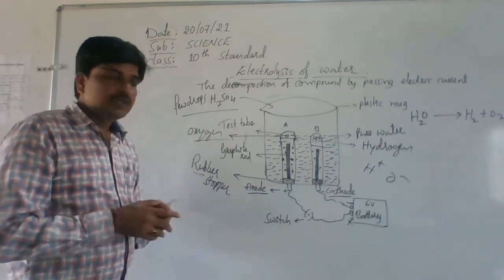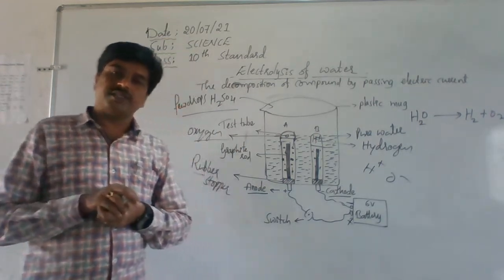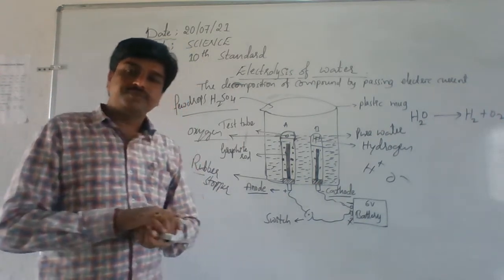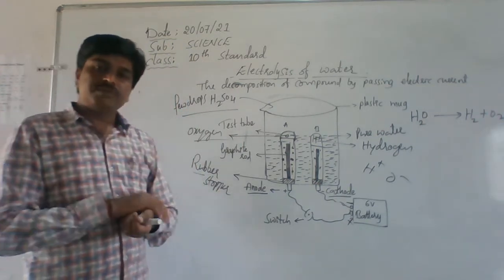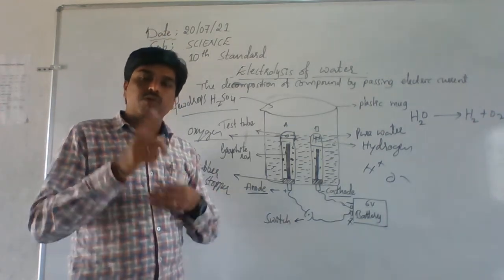Clear enough, friends? So what have we learned in this class? The second main kind of chemical reaction, that is chemical decomposition reaction. Decomposition means a single reactant breaks down to form more than one product.